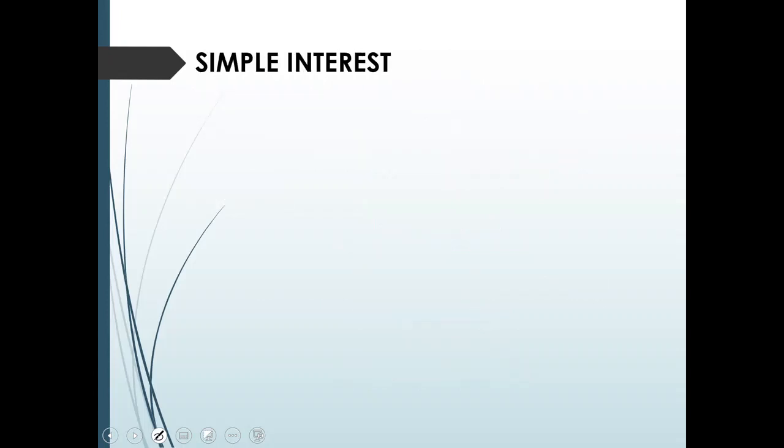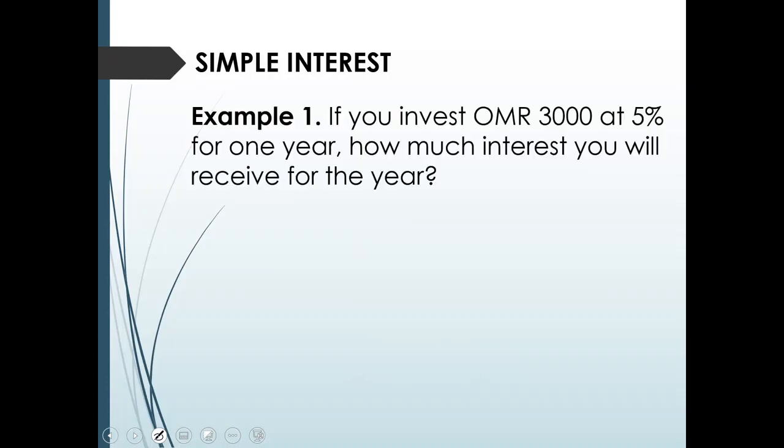So let's have some examples here. Example number 1. If you invest 3,000 riyals at 5% for 1 year, how much interest will you receive for the year? So you invest 3,000, so this is your principal amount. The rate is 5%. T is in years already, so we don't need to change, T is 1 year.